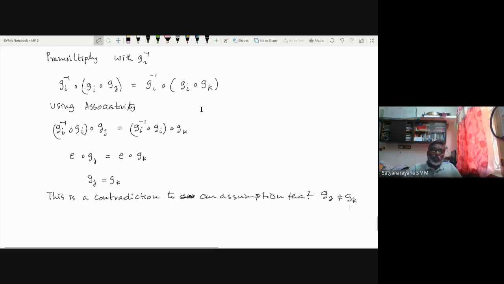So our assumption is wrong, which implies Gi Gj is not equal to Gi Gk if Gj is not equal to Gk. So this is the proof of the rearrangement theorem.